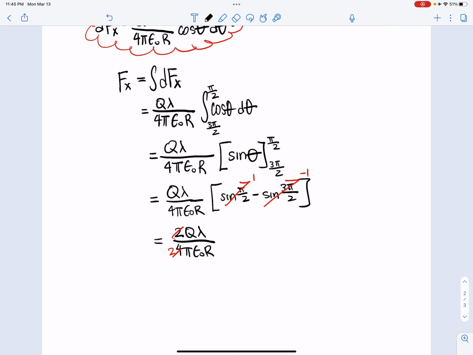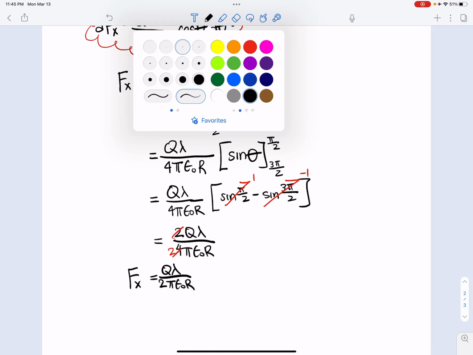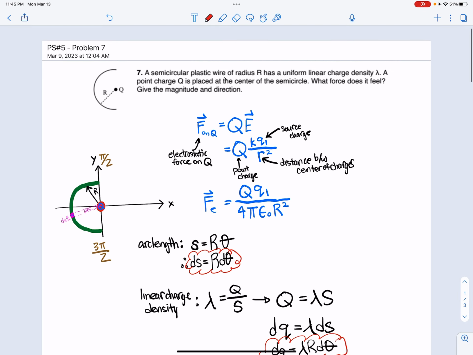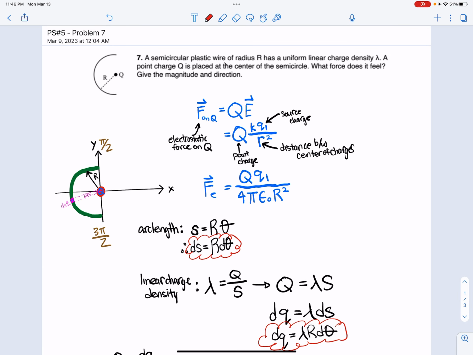So my final answer would be Fx is equal to q lambda over 2 pi epsilon naught r. And that would be my final answer for the force felt by point charge q.